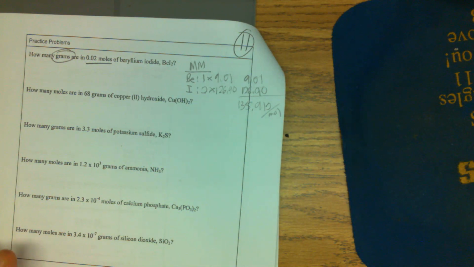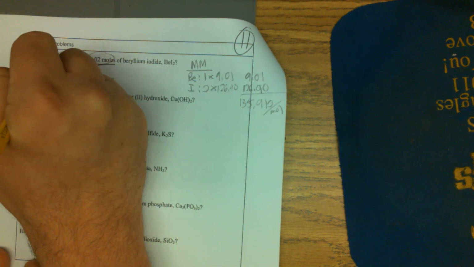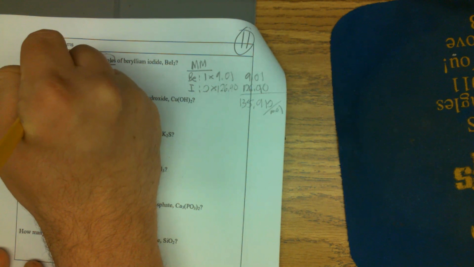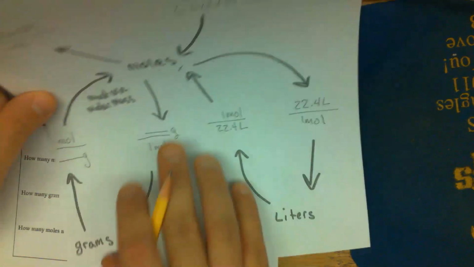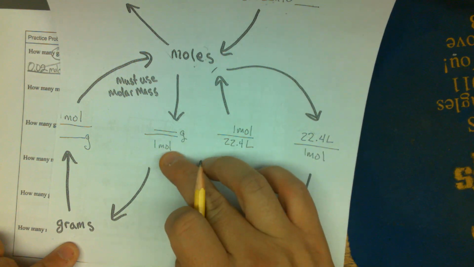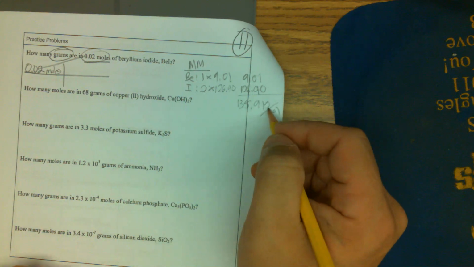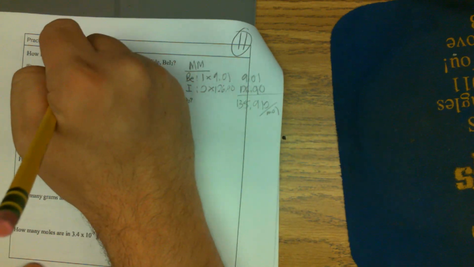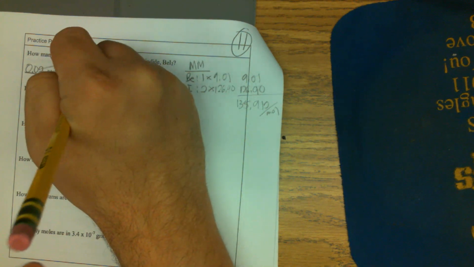All right, so then when we're filling this in, we're going to make our T-table. Start with moles. We're going to put at the top, so 0.02 moles. And then we look at our map. If we're going from moles to grams, we're going to put the molar mass on top over 1 mole. So the blank spot's for the mass. So we have the mass of 135.91 grams for every 1 mole.